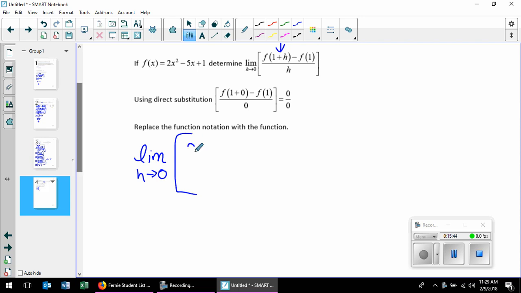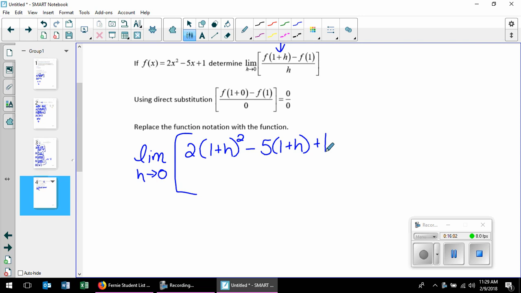So it's going to be 2 times (1 plus h) squared minus 5 times (1 plus h) plus 1.